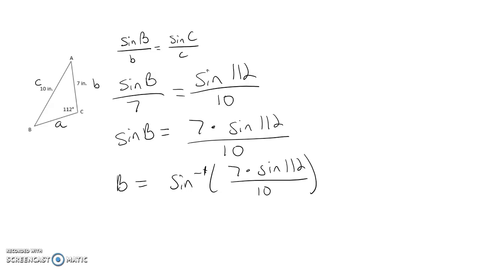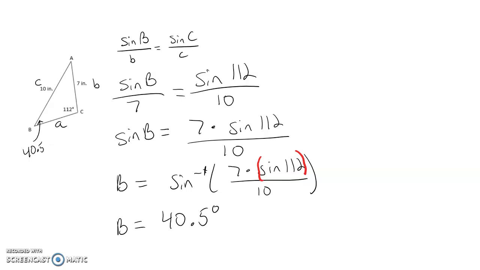Divide that by 10. And when you're doing this, make sure that you put in parentheses around that sine of 112 before you divide by 10. So we get B is equal to 40.5 degrees.